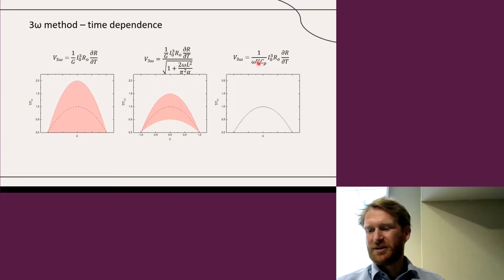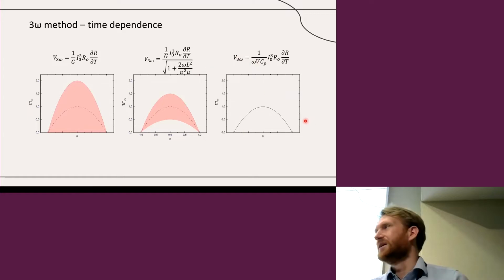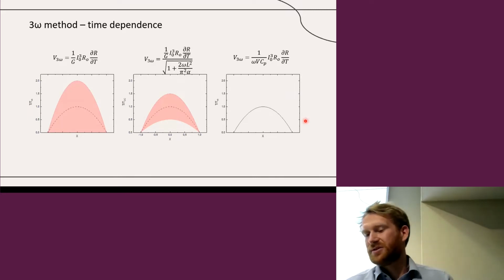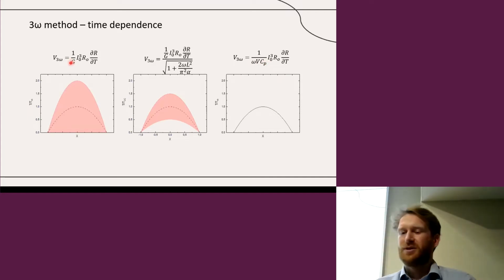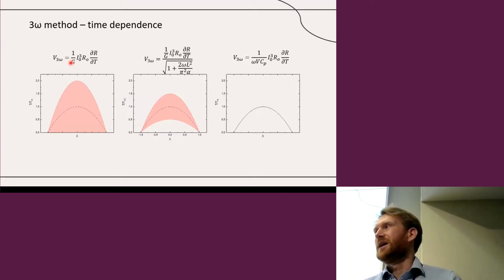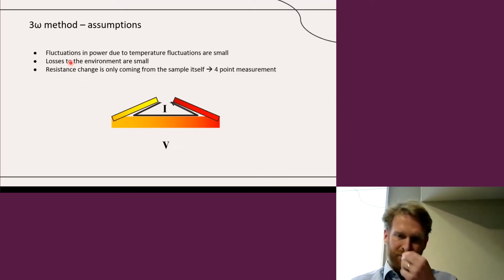And then in the ultimate limit, what we see is that it's not fluctuating along with our current anymore, but we still see a signal. And now our signal is actually proportional to the specific heat and not proportional to the thermal conductance anymore. So this is a nice extra bonus of this time dependence: you can not just extract the thermal conductivity, but you can also extract the specific heat of the system.